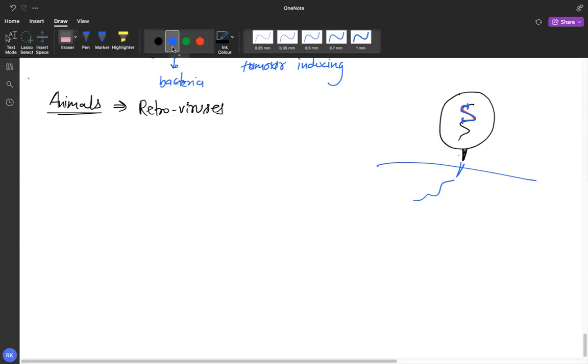We have to make the host cell competent enough. Competent means which is able to take the recombinant DNA so that we can transform that cell. So we make competent host cells. Now there are multiple ways to do it.